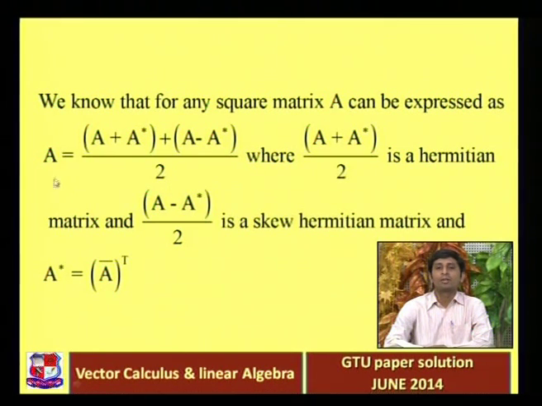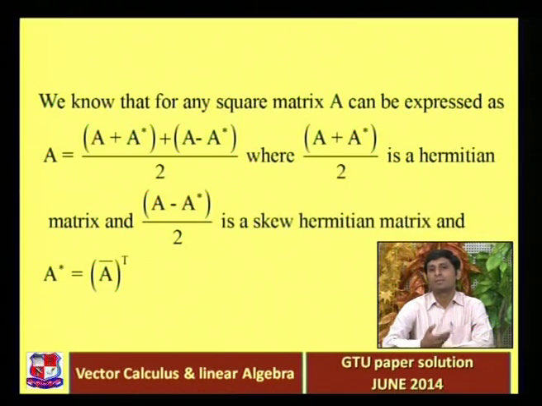And the main important thing is that A plus A star divided by 2 is always a Hermitian matrix, and A minus A star divided by 2 is always a skew Hermitian matrix. That we can easily prove by the definition.